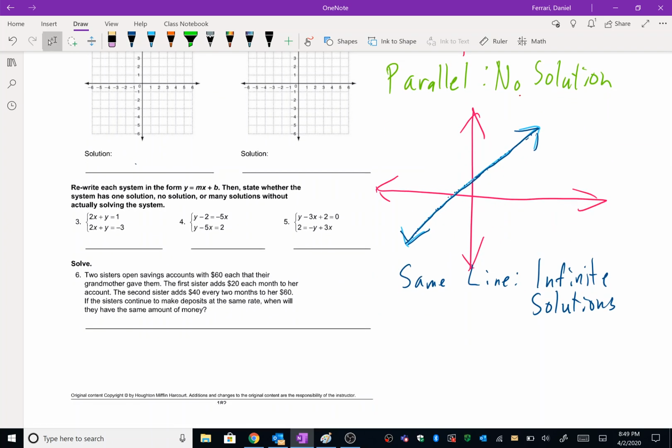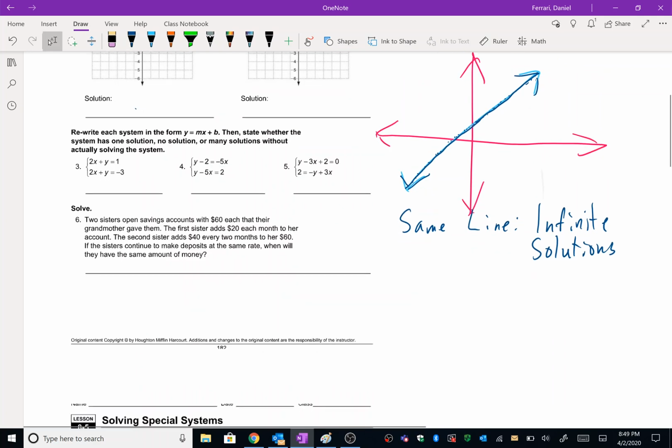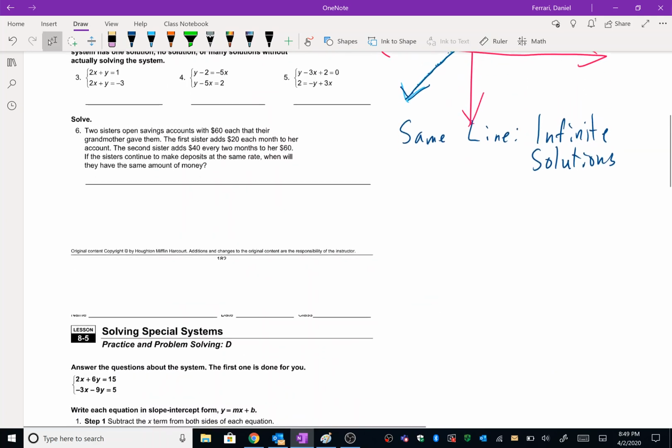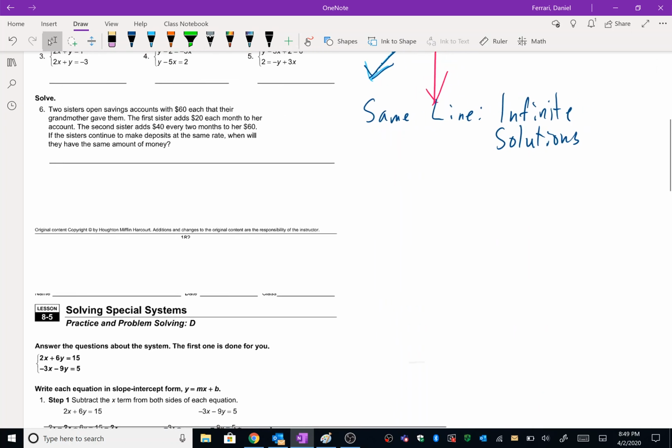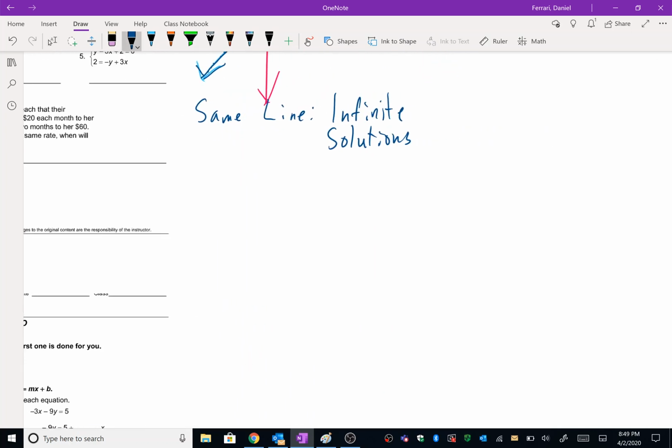This next one is going to be very similar. This time we're going to rewrite each system in y equals mx plus b form, and then state whether the system has one solution, no solution, or many solutions. I want to point out a few things here. If I'm looking at any random equation, like y equals 2x plus 5, that's already in slope-intercept form.